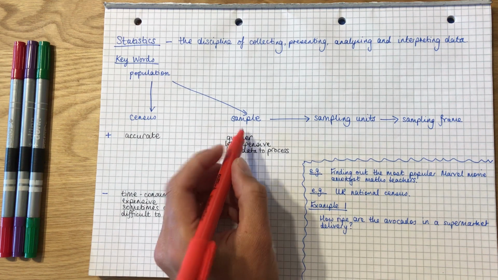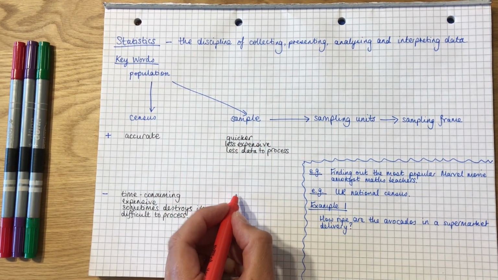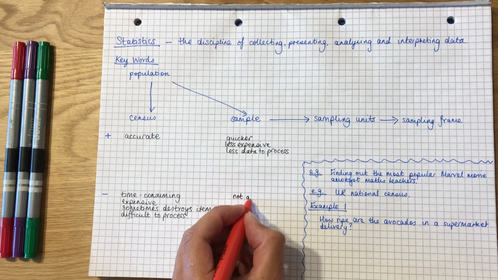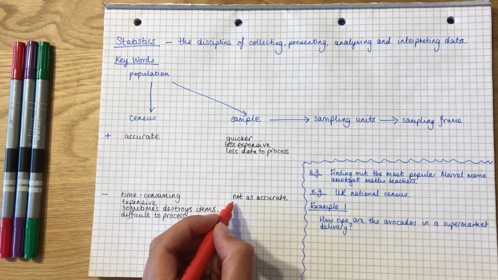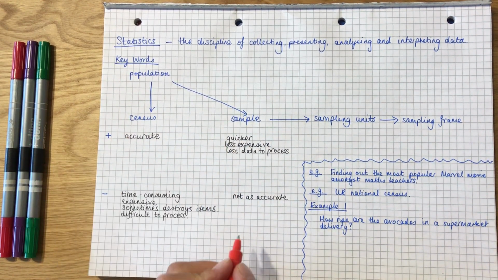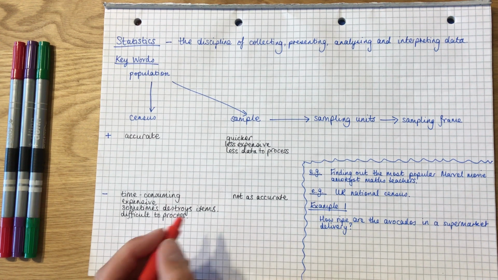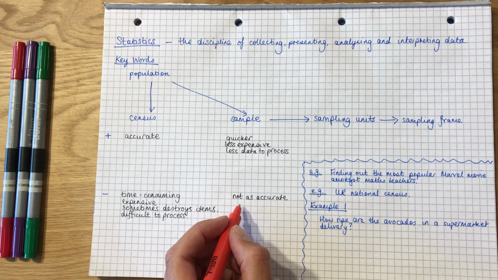However, because you're dealing with fewer people or fewer items, it might not be as accurate as a census. You have to hope the information you gather in your sample is a genuine reflection of the population as a whole. As well as that, and leading on from that specifically, a small sample might not give us information about subgroups of the population very well.